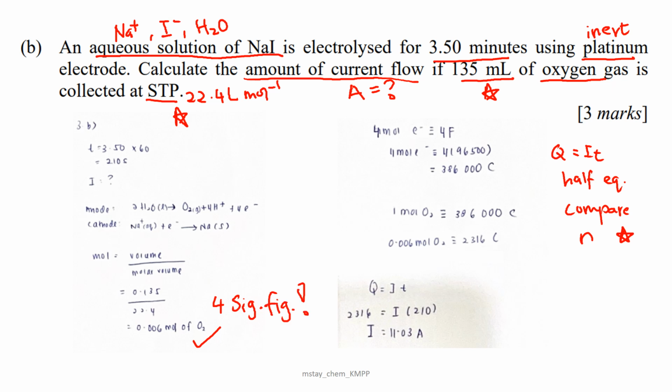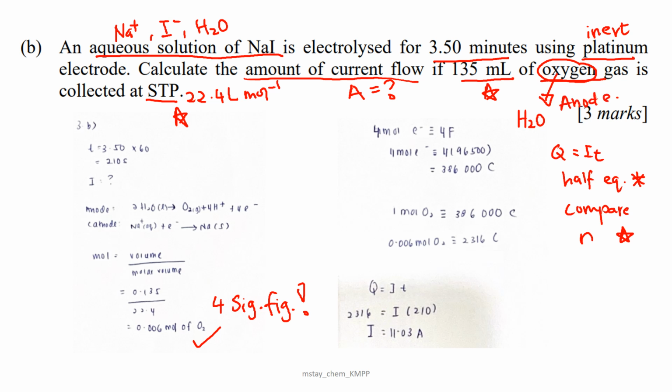After we get the number of moles, next we do the half equation before we can do the comparison. Because the question mentions that oxygen gas is produced, it is produced from water and happens at the anode.